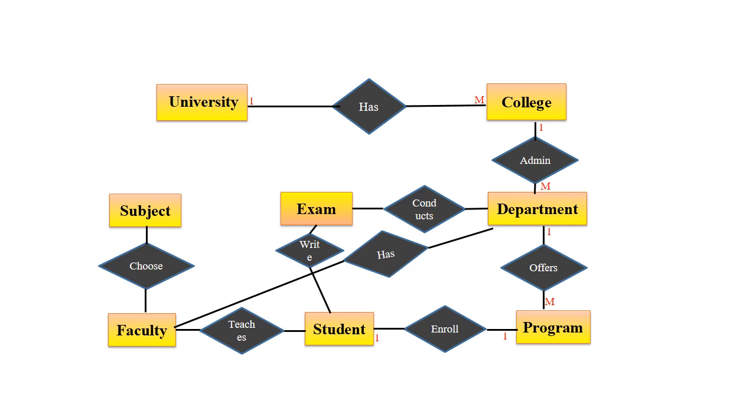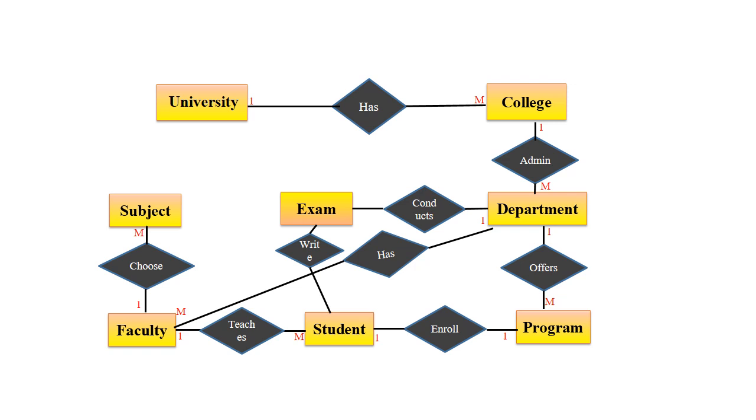What is the cardinality between department and faculty? One department has many faculty. What is the cardinality between faculty and subject? One faculty can choose many subjects. What is the cardinality between faculty and student?